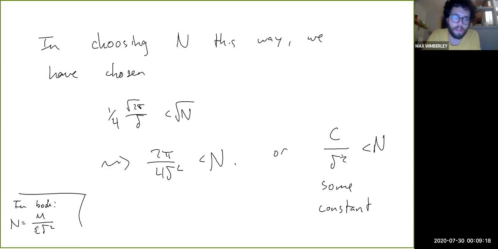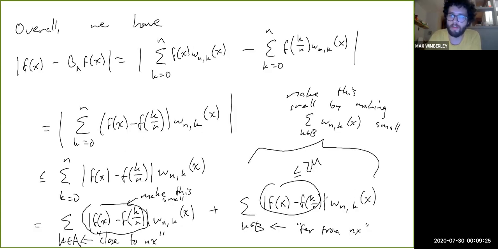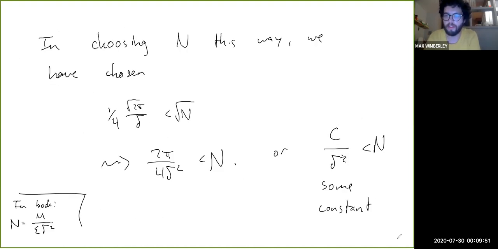Okay, so the capital M and the epsilon come from doing a more delicate analysis than what I just did. The more delicate analysis involves actually estimating how much stuff is left over in the series of w_nk over k in B, and also how big this can be too. That's all involved in estimating this series. So that's how they choose their capital N.